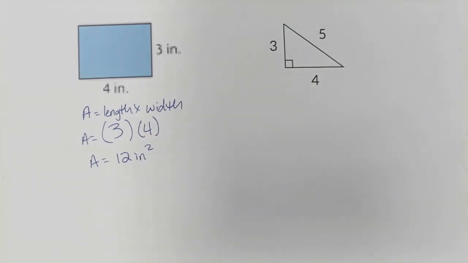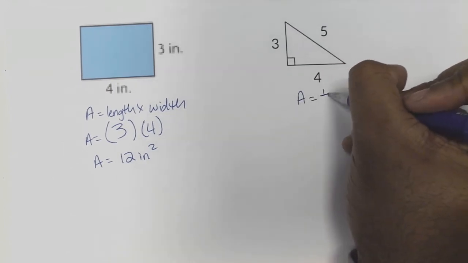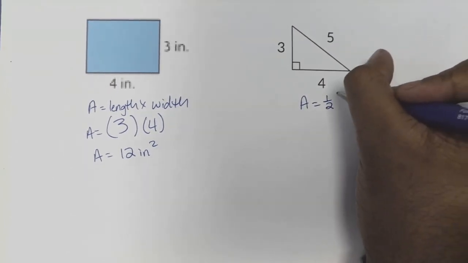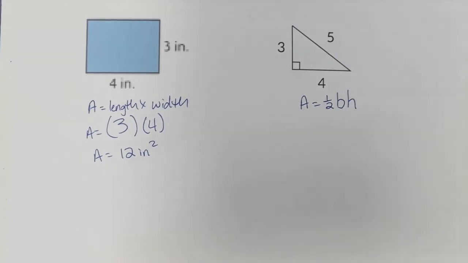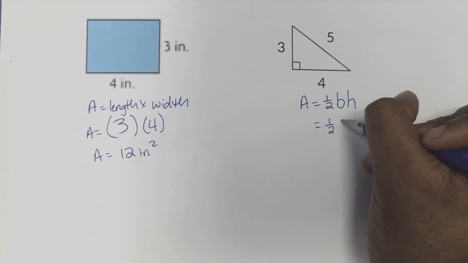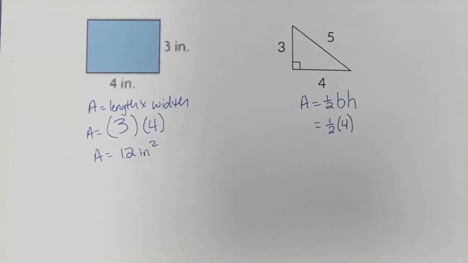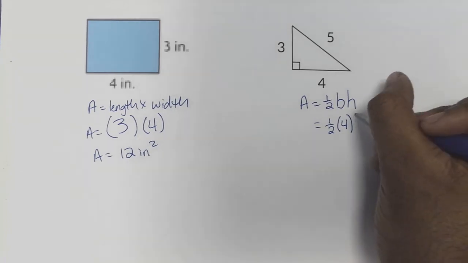So the area of a triangle is area equals 1/2 base times height. So I'm dropping down on 1/2. I'm gonna substitute my base for 4. Good job. My height for 3.